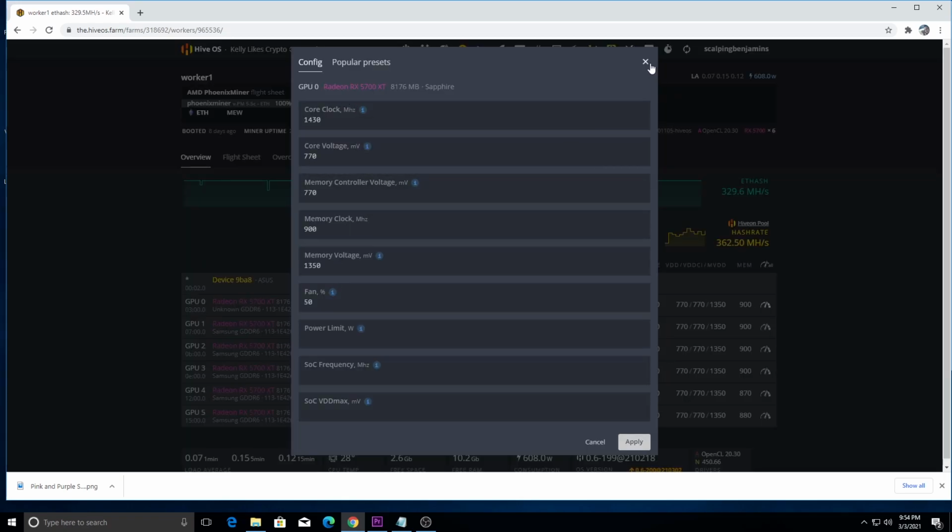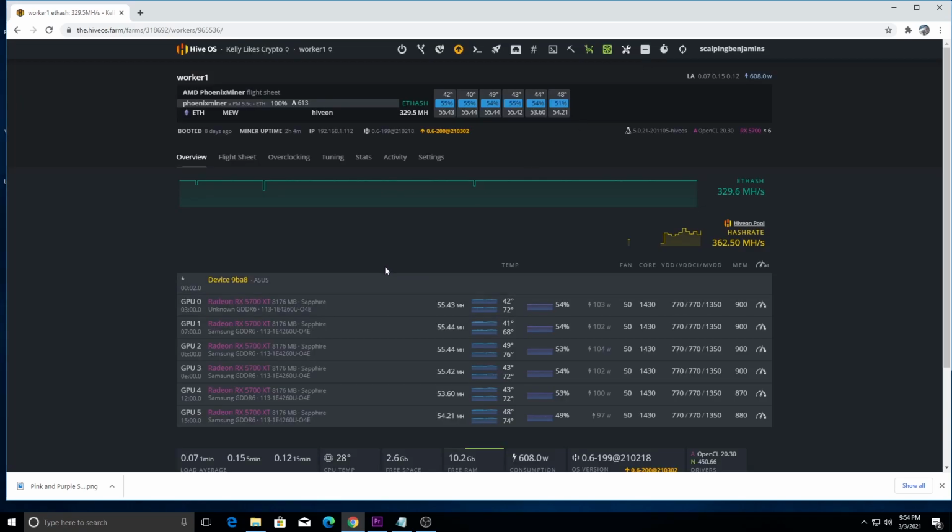I just changed these over a couple hours ago, but I've had 0 rejects on the Hive pool, farming ETH with Phoenix Miner. This config works really good, and you also see I'm only using 100 watts on each of them, right?